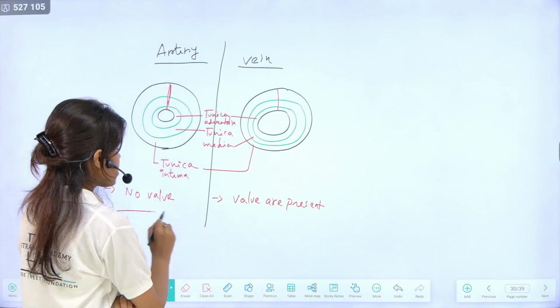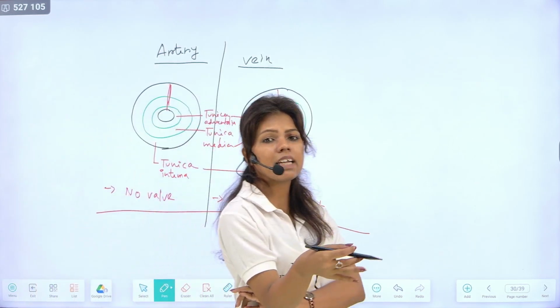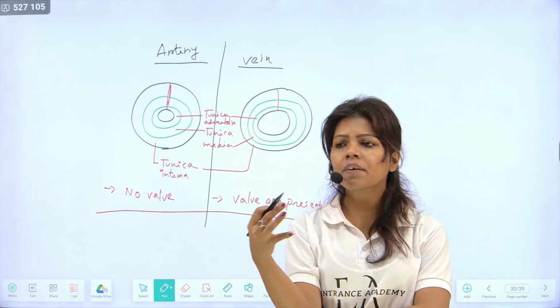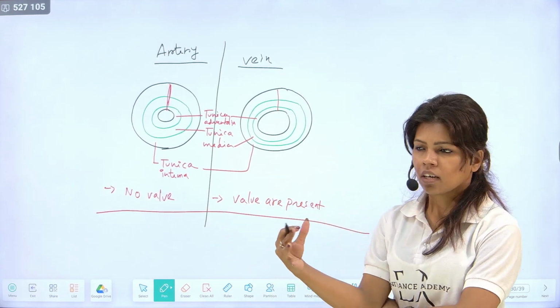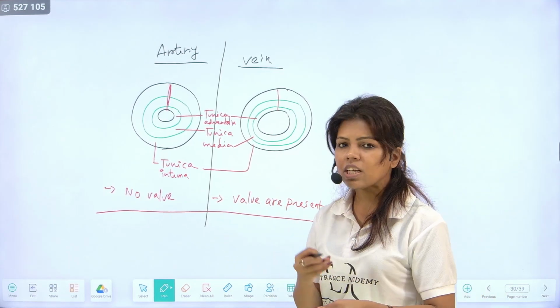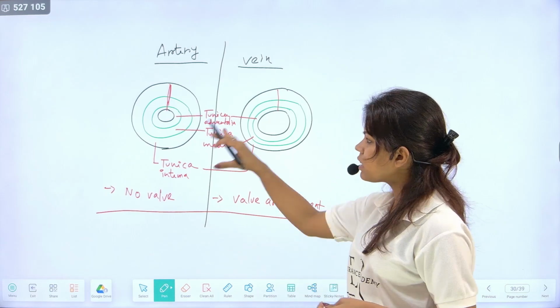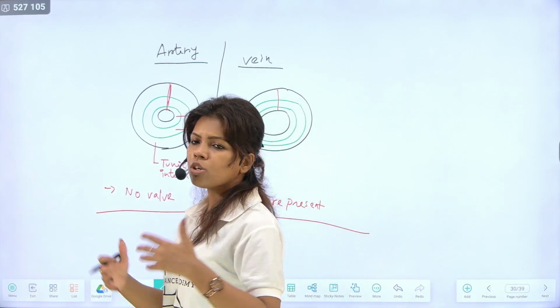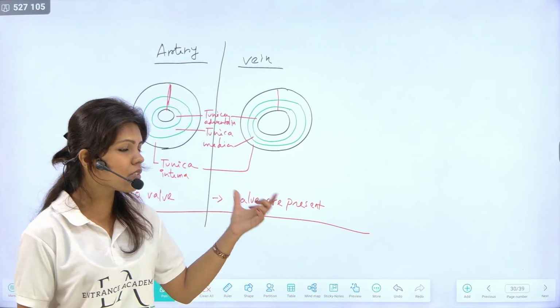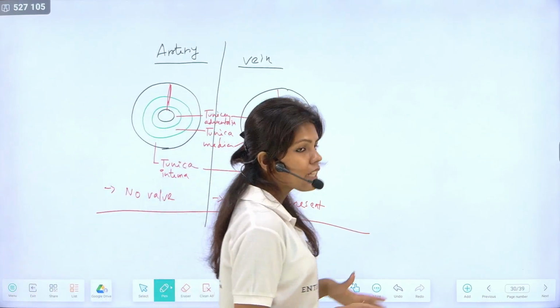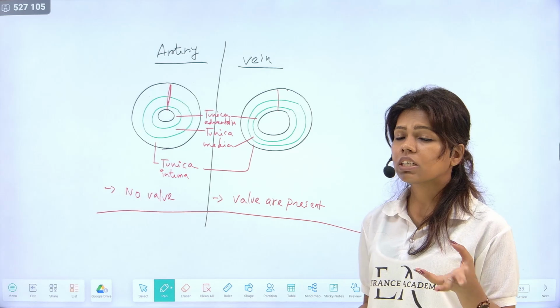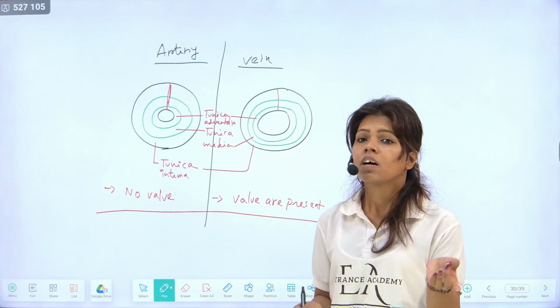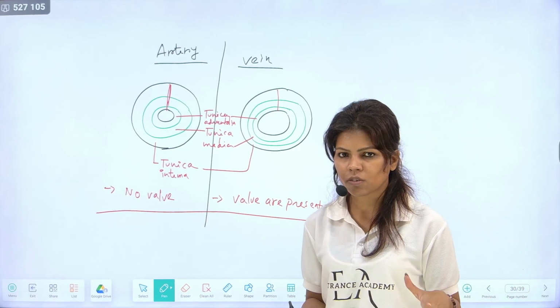Next, the functional aspect. The artery carries the pure blood, or you can say oxygenated blood. Oxygenated blood means more oxygen, less carbon dioxide. So the artery carries the oxygenated blood from heart to all over the body. Whereas a vein carries the impure blood or deoxygenated blood, that means more carbon dioxide, less oxygen.